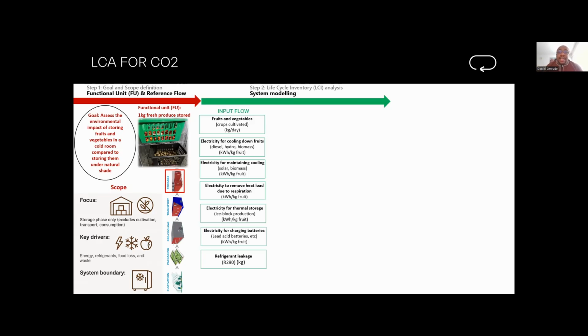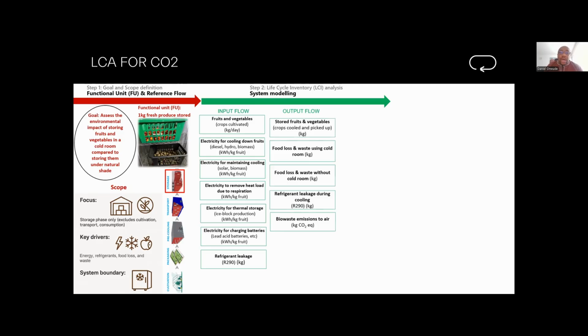And then we have the electricity required for producing thermal storage, and then we have the electricity required to charge the battery, and then finally the refrigerant leakage, which contributes heavily to the emissions, right? Note that for our approach, we did not consider the electricity due to infiltration or the transmission load, mainly again due to lack of consistent field data.